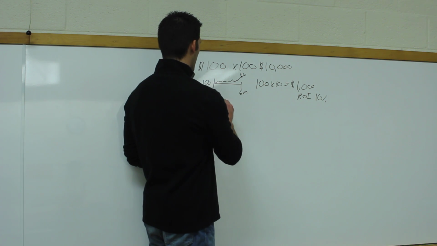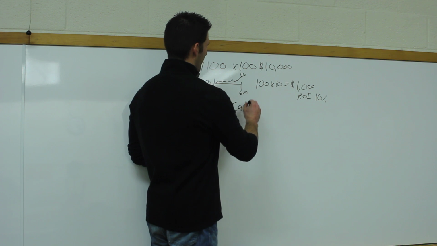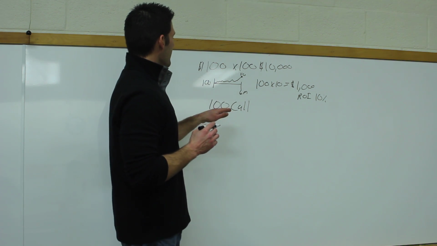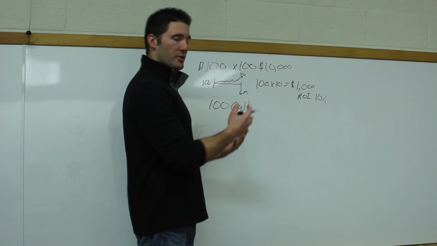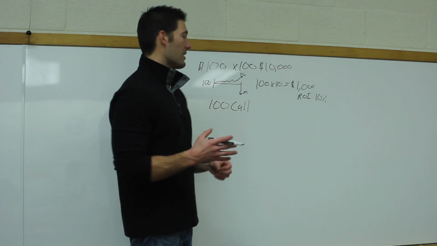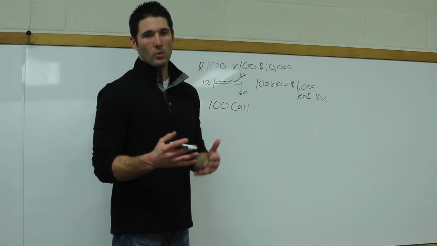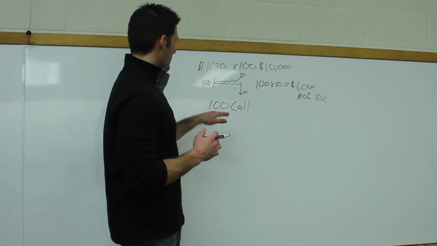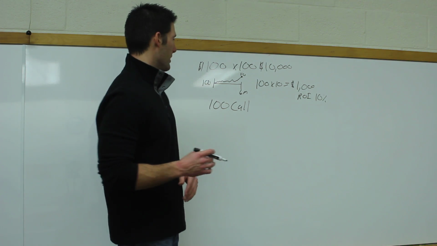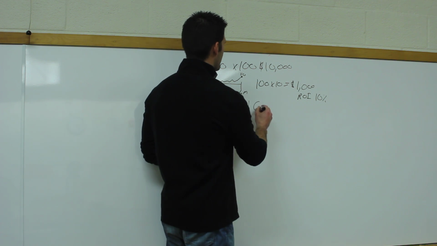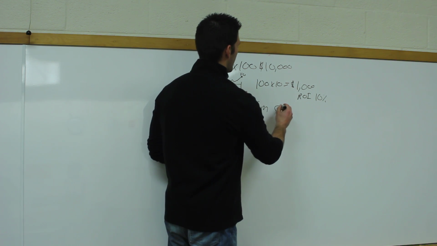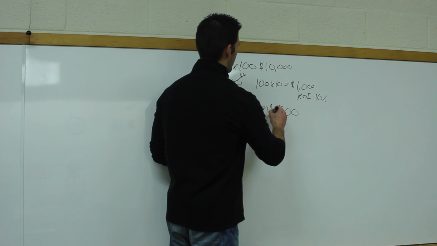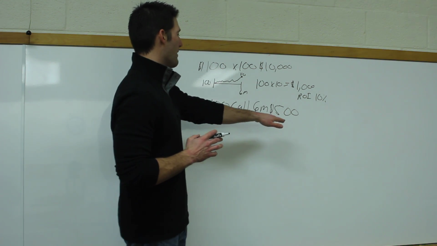So let's buy the $100 call, and an option is for 100 shares of stock. So one option contract controls 100 shares of stock. So when we buy one $100 call, we're going to control 100 shares of stock. And let's say we have 6 months of time on this option, and it's going to cost us $500. So the premium on this option is $500.